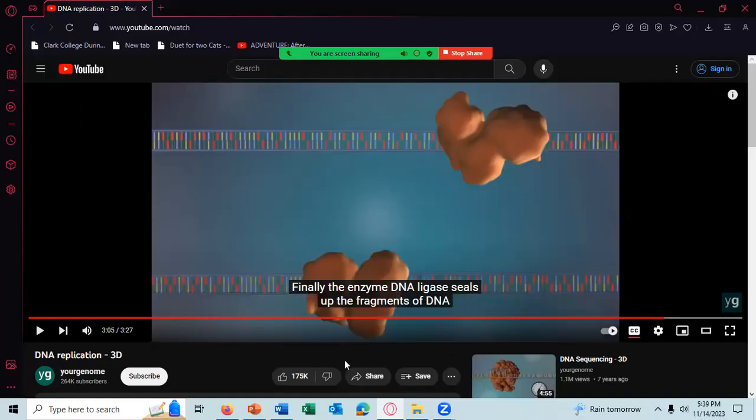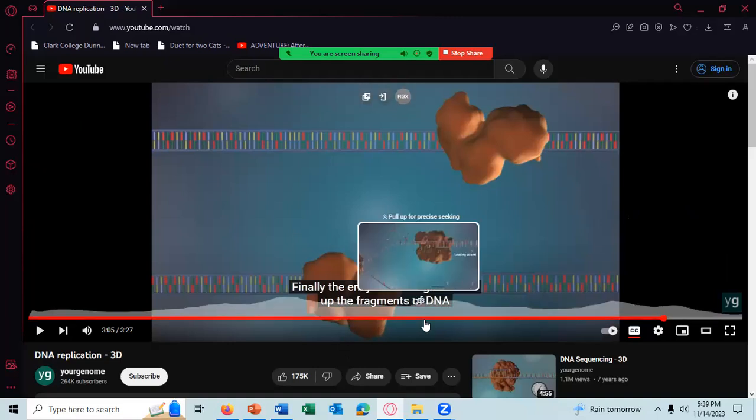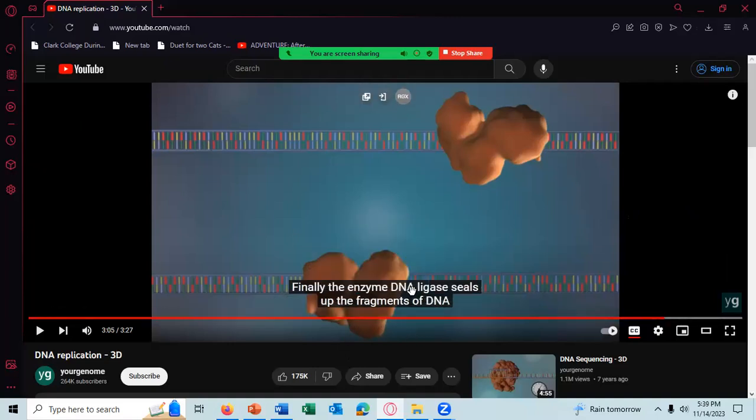DNA ligase seals the fragment of DNA, meaning if there's a break here and then there's a strand here, DNA ligase will connect this gap in the DNA, meaning between this nucleotide and that nucleotide, for example. I'll talk a little bit more about that.